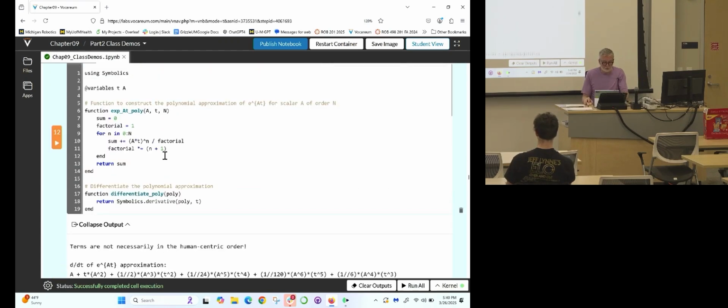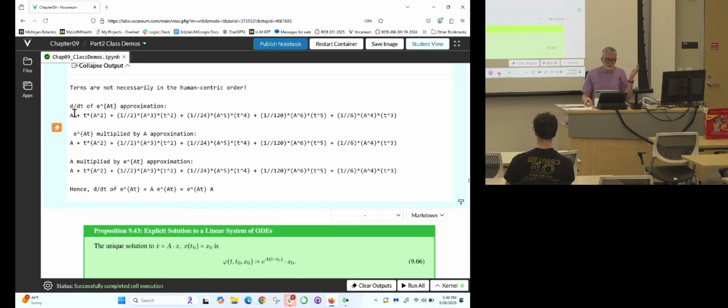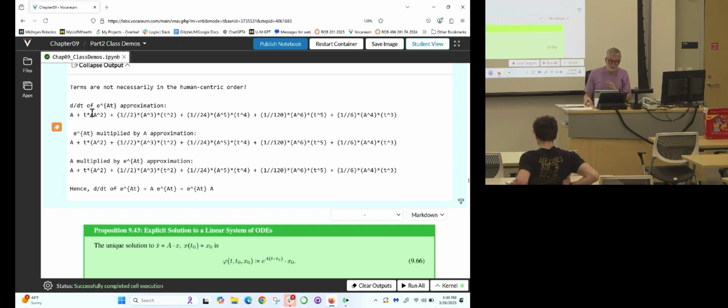It's just a polynomial, and I differentiate that. I differentiate the I, I get 0, I differentiate the At, I get A, I differentiate A squared t squared over 2 factorial, and I just get A squared t, etc.